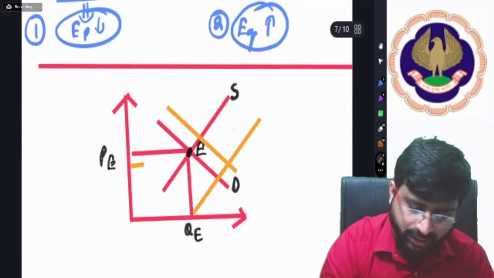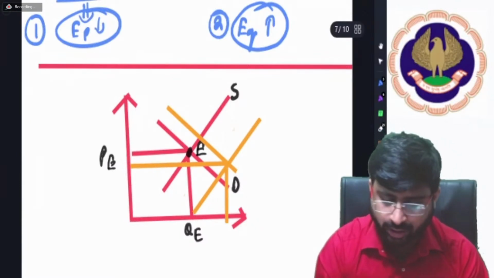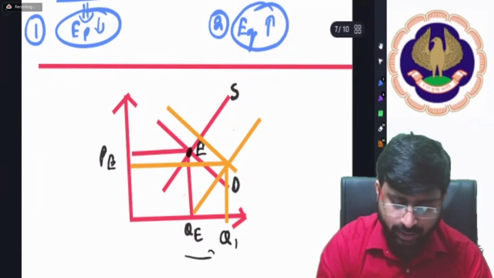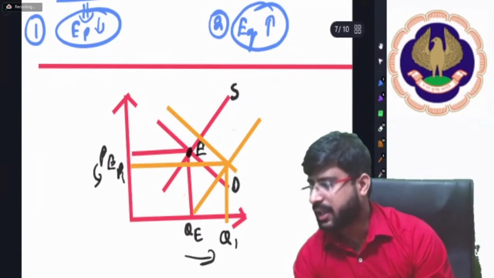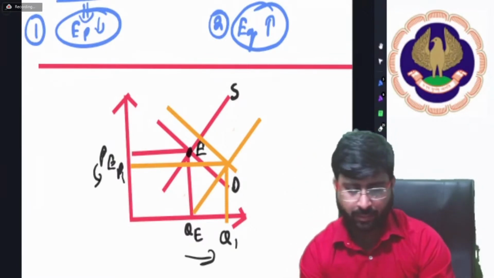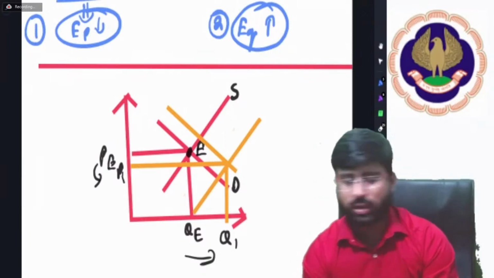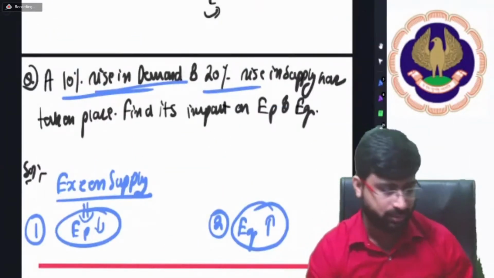If you see the intersection here, it takes place here. Hence you can see that equilibrium quantity has risen and equilibrium price has fallen. Equilibrium quantity is on the rise, equilibrium price is on the fall, as we had rightly predicted.